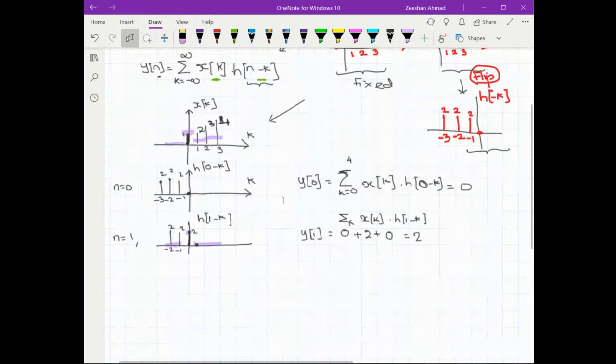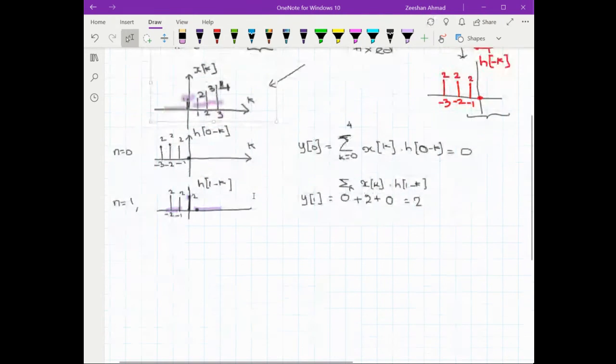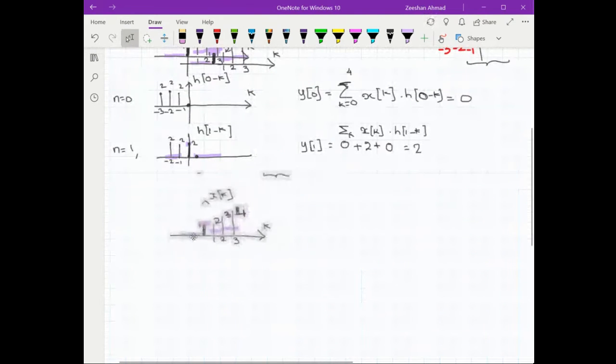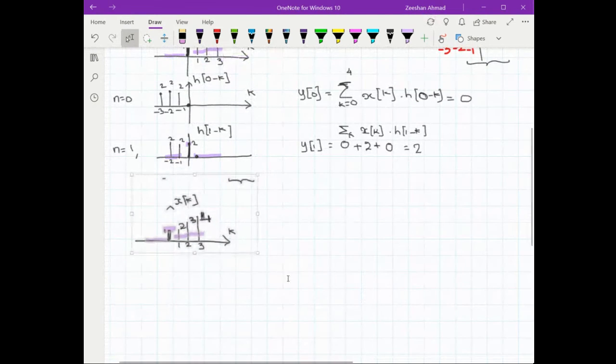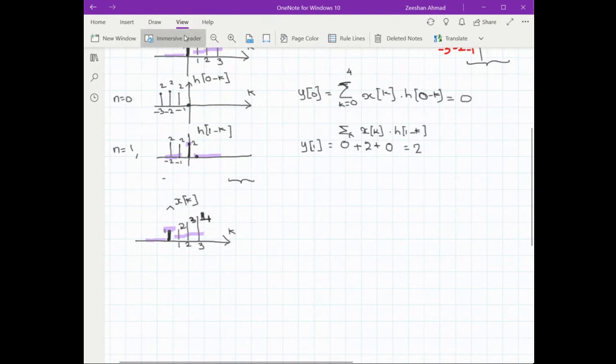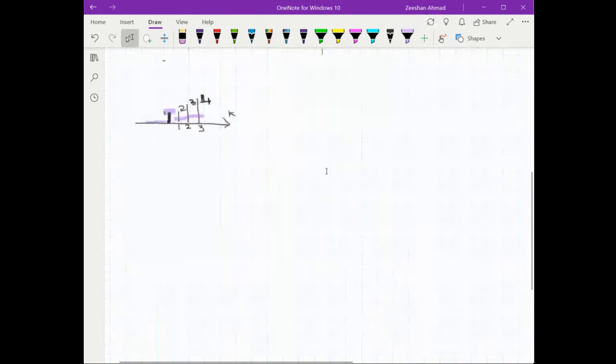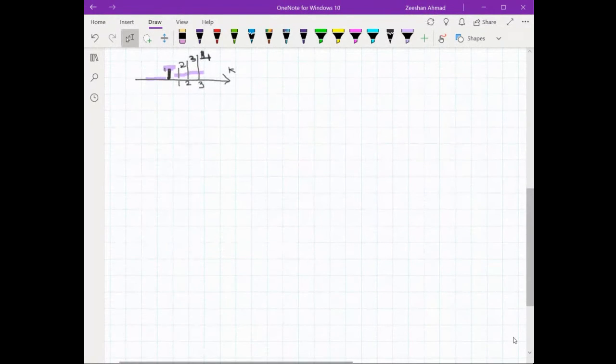So I need to take the signal here. I just bring it here so that I can have a space. Okay.